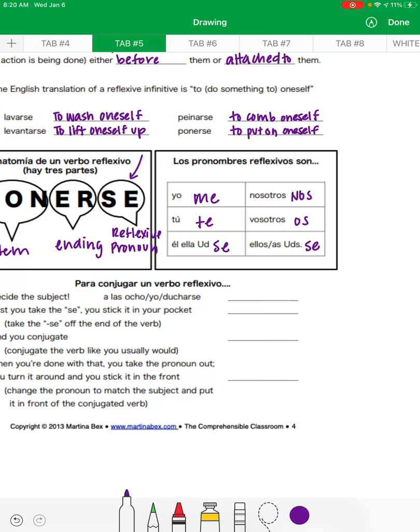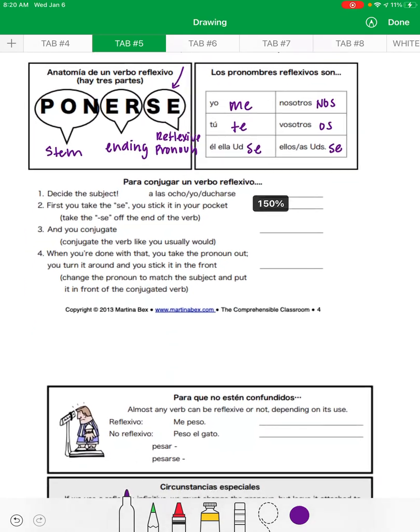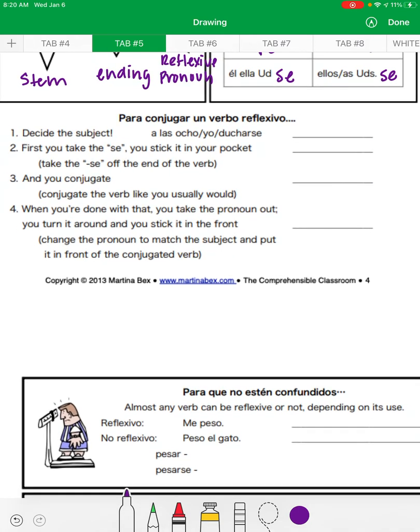Okay, now, since we haven't seen that before, we need to look at how to conjugate a reflexive verb. So first, we have to decide on the subject. So right here in this example, we know that yo is our subject. Okay, so the first thing you're going to do when you conjugate the verb is take the se off and stick it in your pocket, okay?